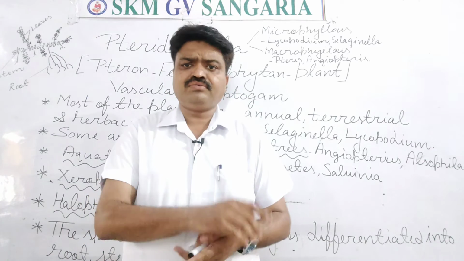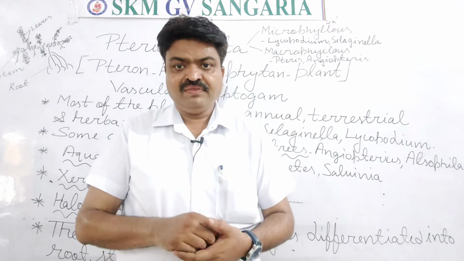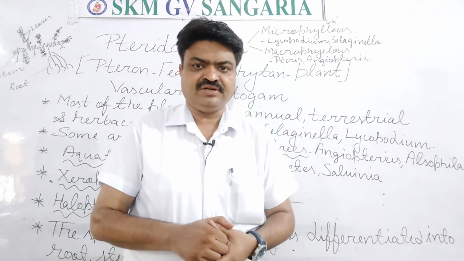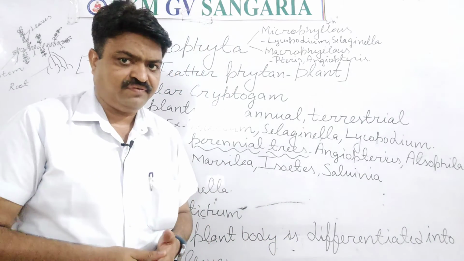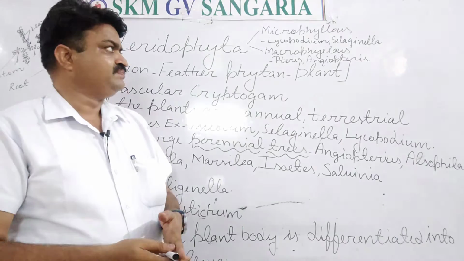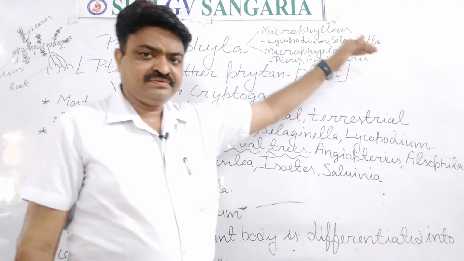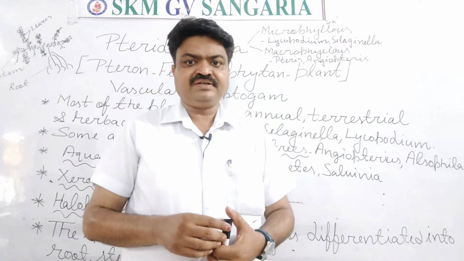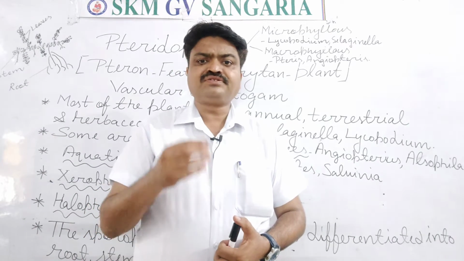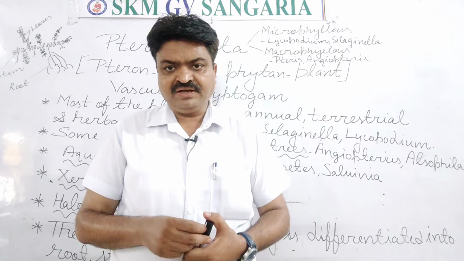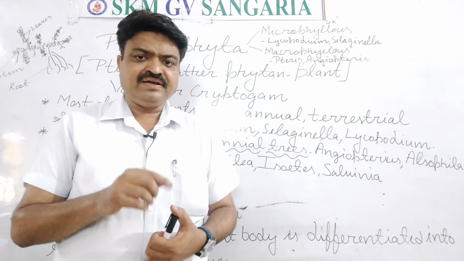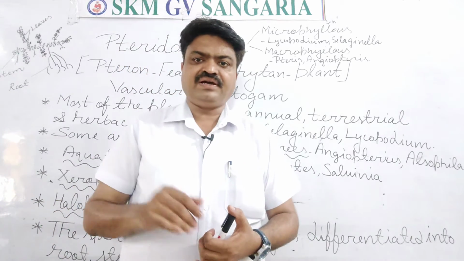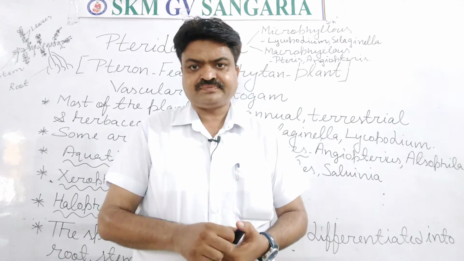Now according to the leaves, there are two types of pteridophytes: first is microphyllous, second is macrophyllous. Microphyllous pteridophytes have small leaves, and their leaves don't have a gap.